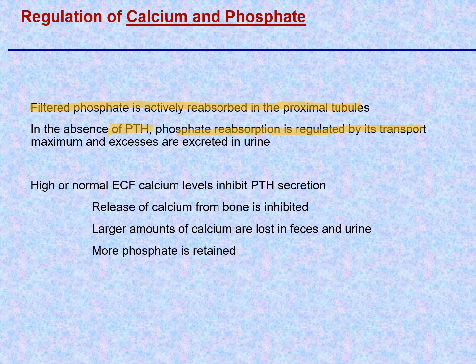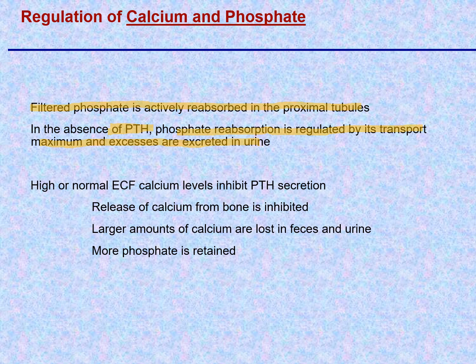But if there's a lot of phosphate, then the ability to reabsorb is saturated and the excess goes out in the urine. So that's a normal way that phosphate's handled once it gets into the filtrate. A lot of it gets reabsorbed, but if there's too much, then it'll exceed the ability to reabsorb and it goes out in the urine.